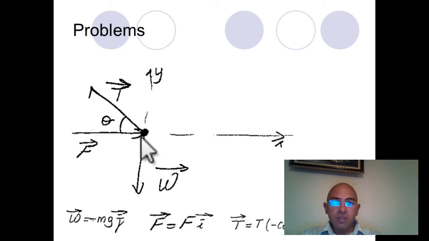It is repelled by the other one with a force of F. It has a mass, therefore it has a weight W. This is the force acting on it, and there is a tension in the string due to the weight and repulsive force F. So this is the tension, and as a result the string makes an angle of theta.